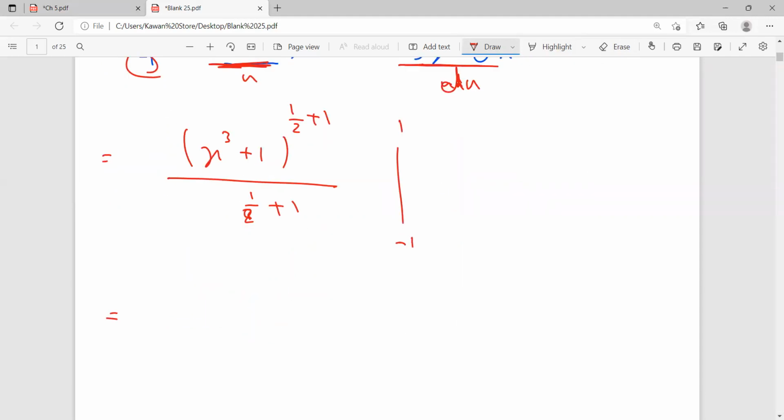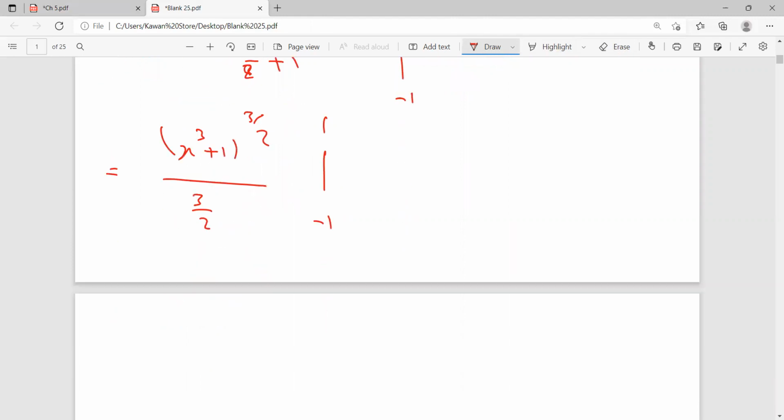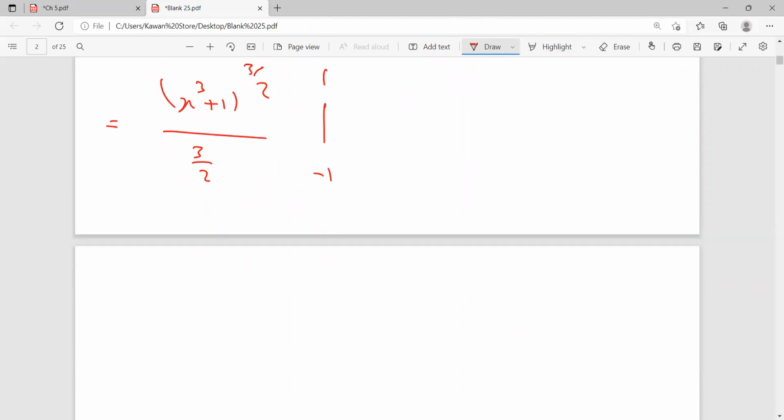And that one will be 3 over 2, and that one will be x cubed plus 1 to the 3 over 2. Here it remains, and I'm going to do my algebraic things. I'm going to say 2 over 3, x cubed plus 1 to the 3 over 2, from -1 to 1.